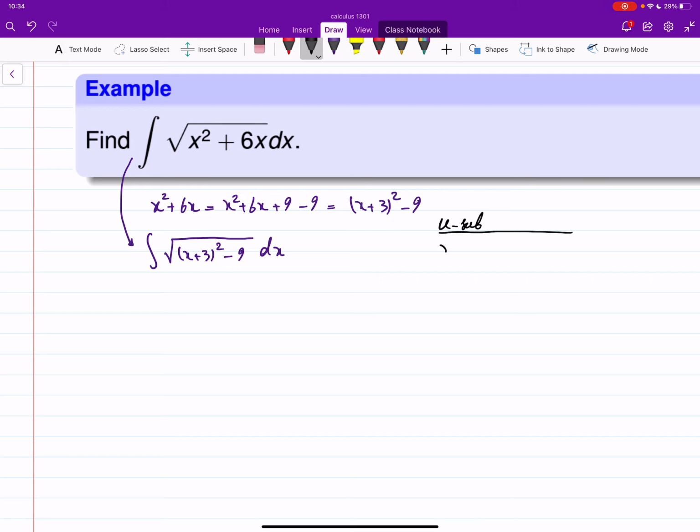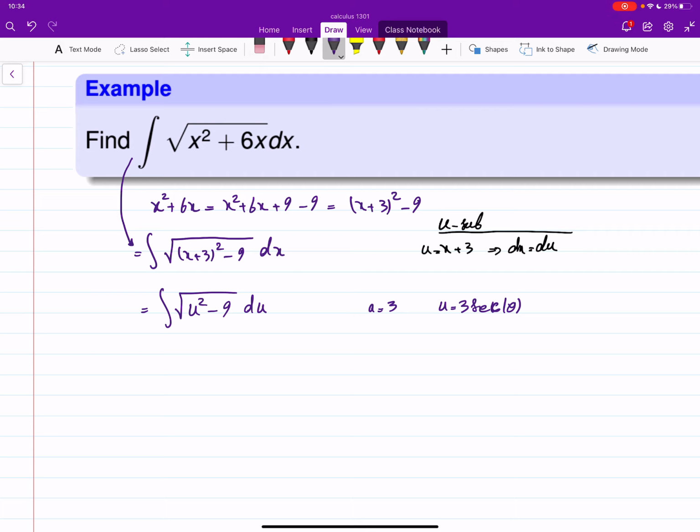This is an easy substitution because du and dx are the same, and your integral will turn into the integral of square root of u squared minus 9 du, sorry. And now this is of the form u squared minus something squared. So a is 3, and we can use the substitution u equals 3 secant theta.